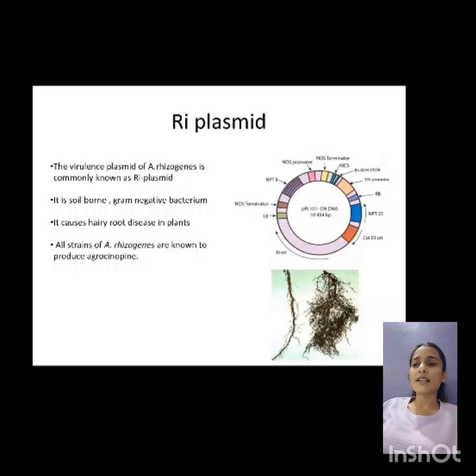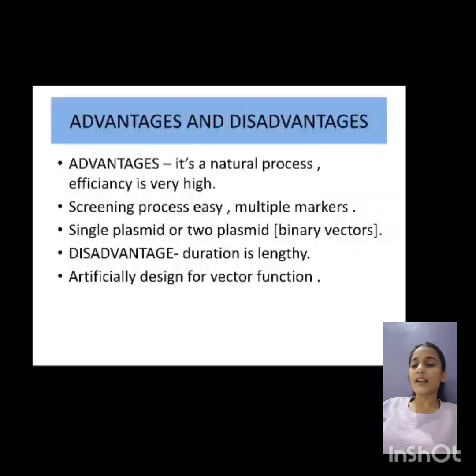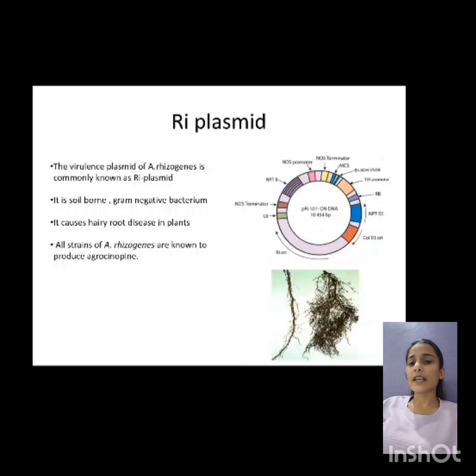So the strains containing RI plasmids produce agropines, which is a specificity of RI plasmid containing bacteria. Next, this diagram of the plasmid contains the ORI region, and the regions of different promoters and terminators, which are responsible for the disease causing genes.